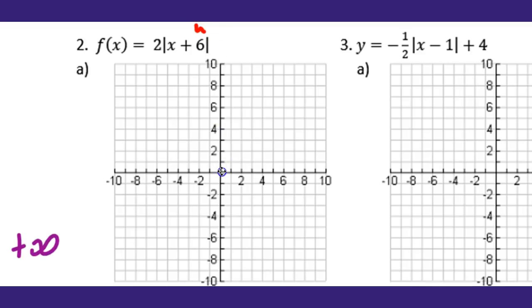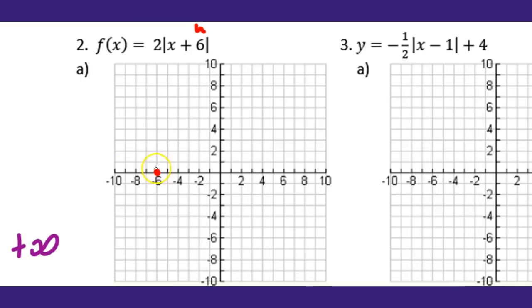We have left 6, but because there's no K, there's no +3 or -3, so I can't go up or down. I stay right there at 0.